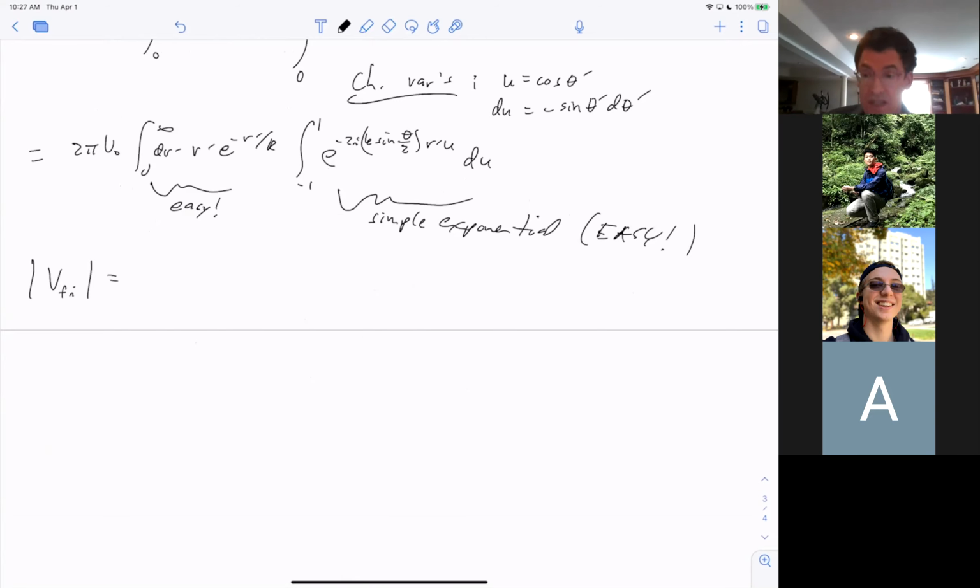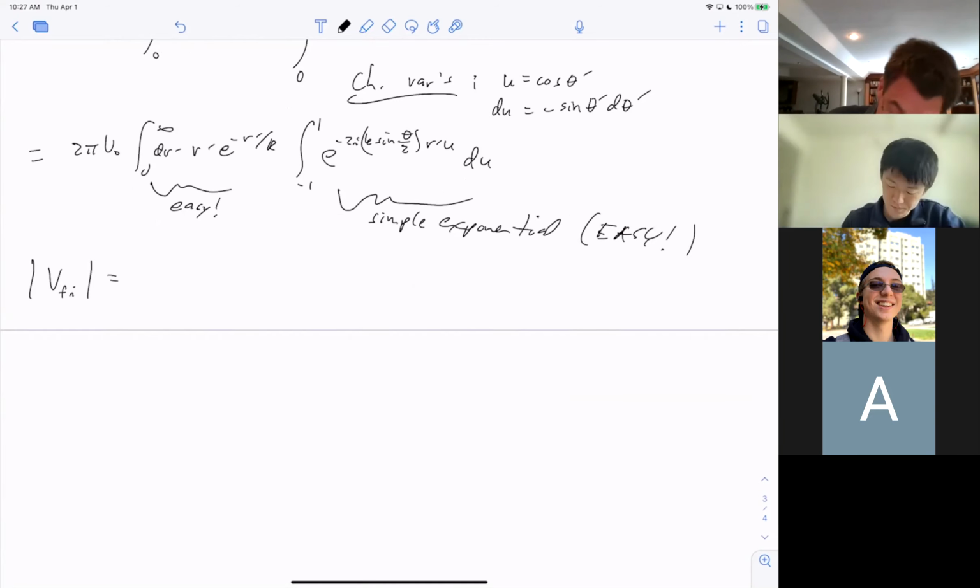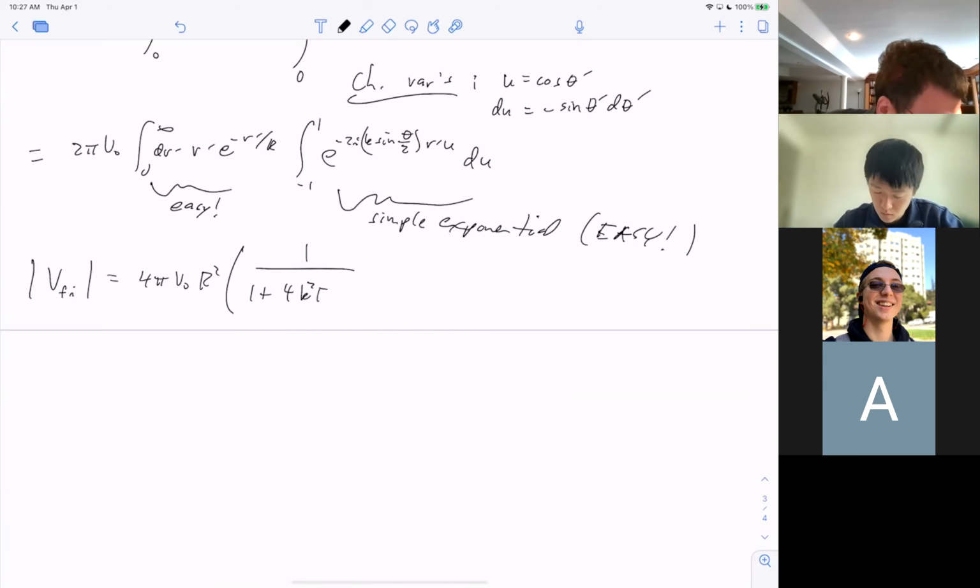The absolute magnitude, because that's the only part that matters, is going to be 4 pi v naught r squared times 1 over 1 plus 4 k squared r squared sine squared theta over 2.